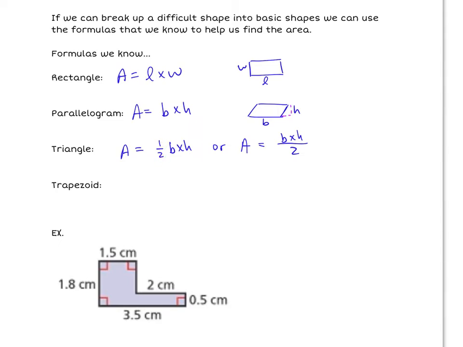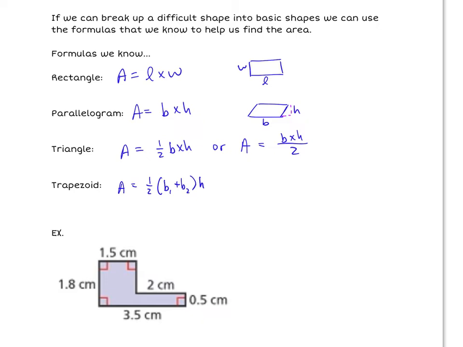That's fine. Trapezoid. Remembering that if you were to take two trapezoids and put them together, you would get a parallelogram. So area of a trapezoid is area equals 1/2 times (base 1 plus base 2) times the height.